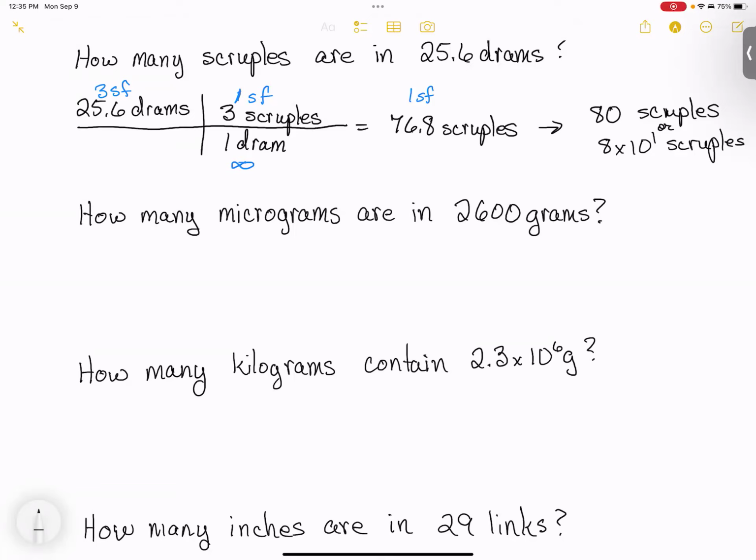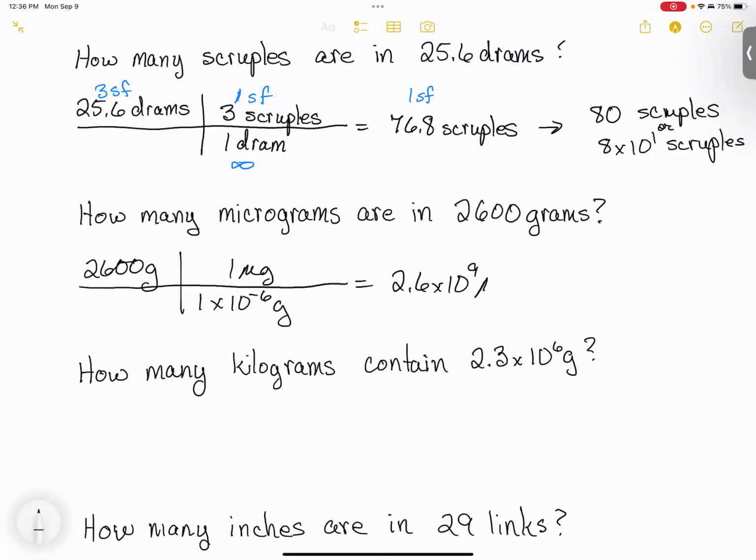Okay, on the next one, you would have had 2,600 grams. 1 times 10 to the minus 6 grams is equal to a microgram. So it would have been 2.6 times 10 to the 9th micrograms.